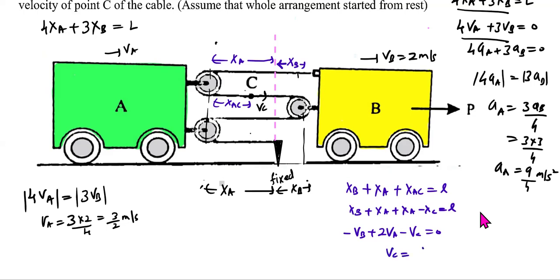So VC equals 2VA minus VB. VA will be 3 by 2, so 2 into 3 by 2 minus VB, which is 2, gives 1 meter per second. This will be our answer.